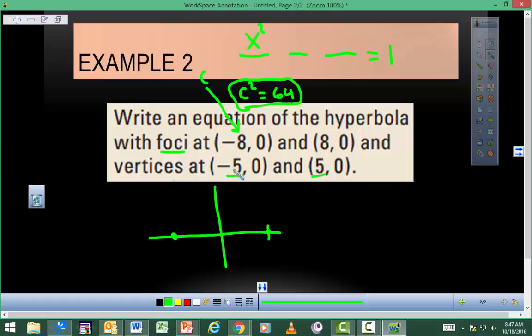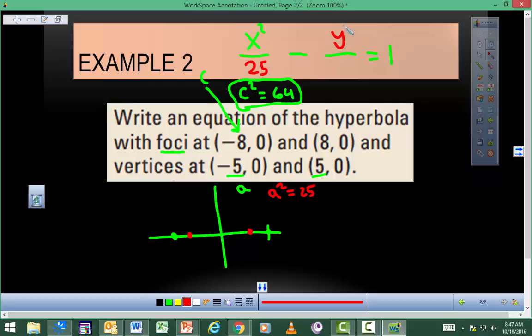Well, notice that's on the x-axis also. And so this is your A value. This is the one that goes under the x squared. Okay? So if that's negative 5, which would be right about here, then this is your A value, and that means A squared is equal to 25. So you now know this value is 25.